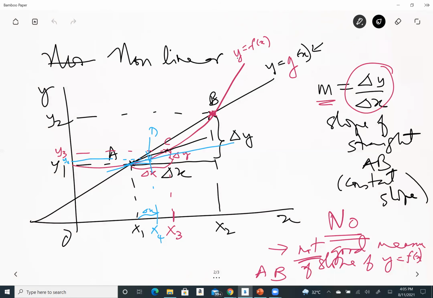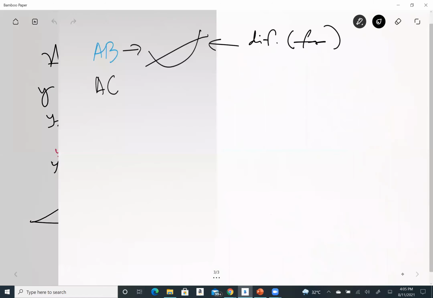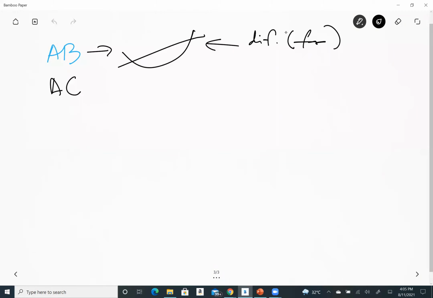How do you compare AC, the straight line, and the curve? AB is different. The straight line and the curve are much different, and they are far away from each other.